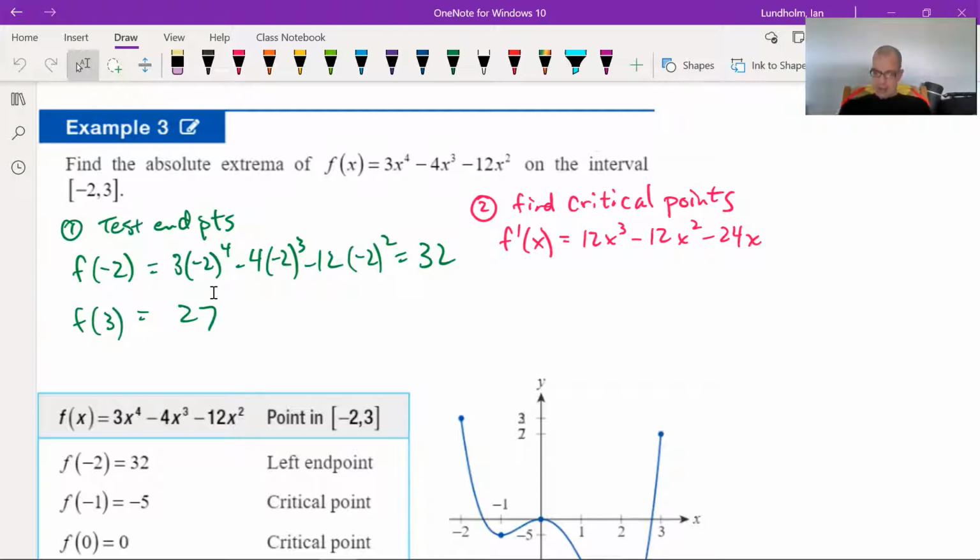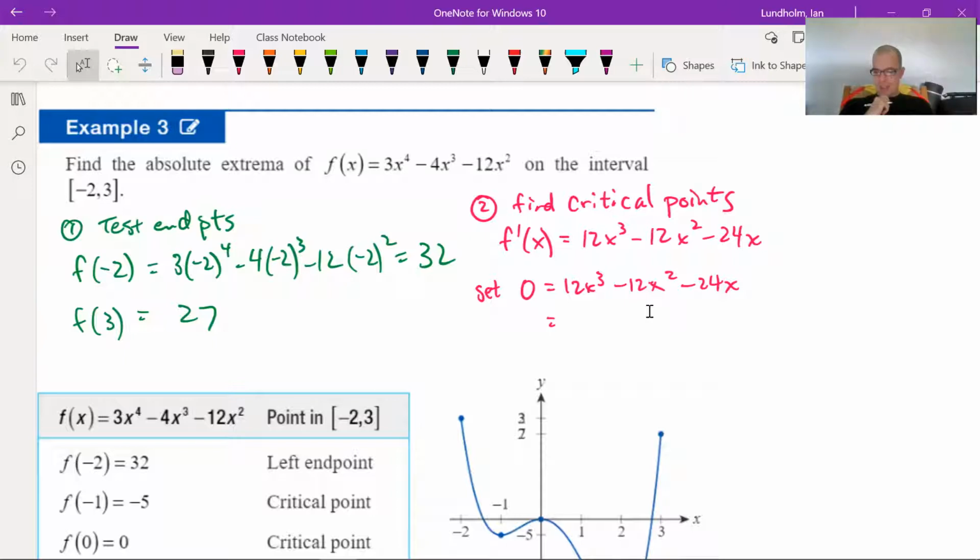And here we would set this equal to 0, and solve for the x values where this derivative would equal 0 to find some critical points. There's not going to be any critical points where this derivative doesn't exist because we just got a polynomial. Our only hope this time is to find some places where the slope's equal to 0.